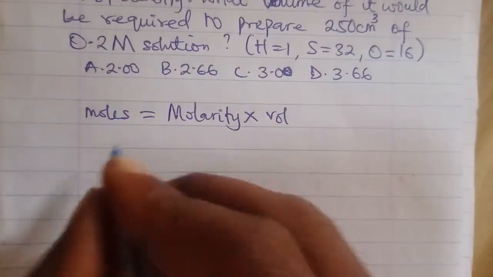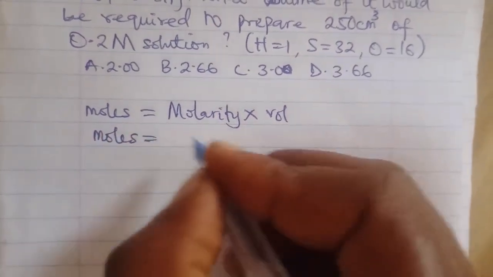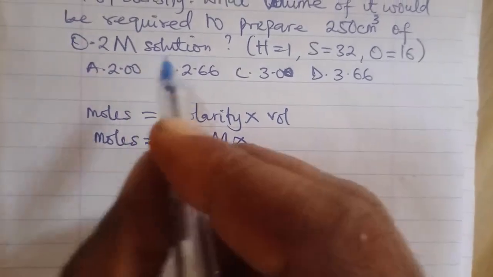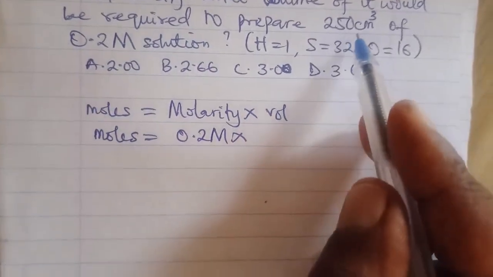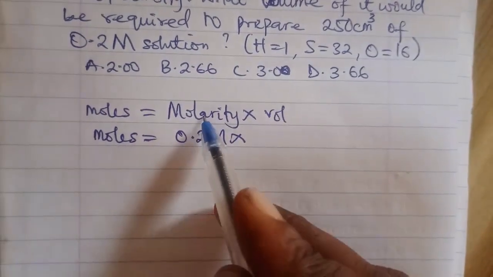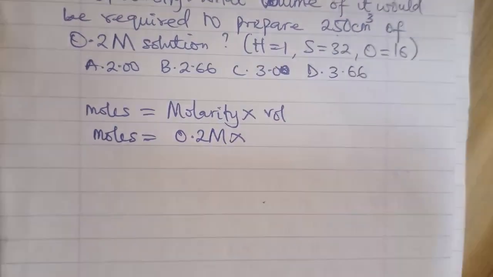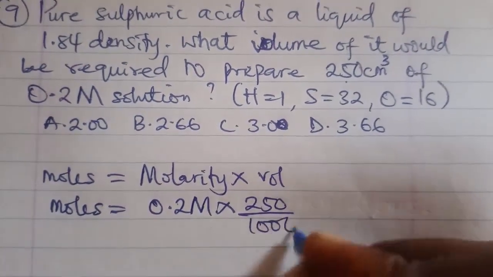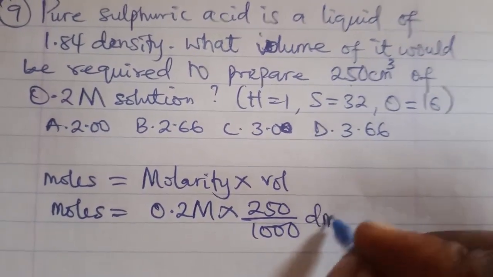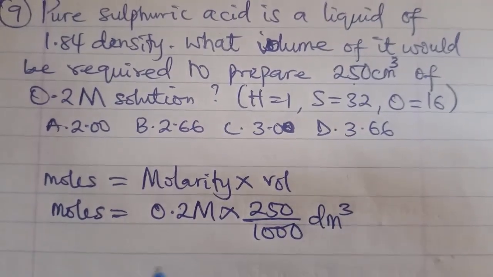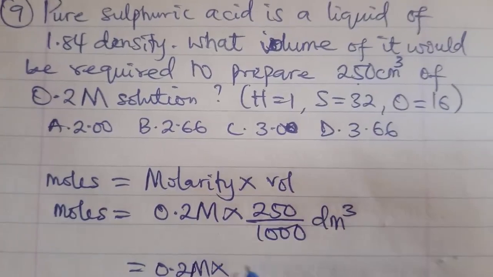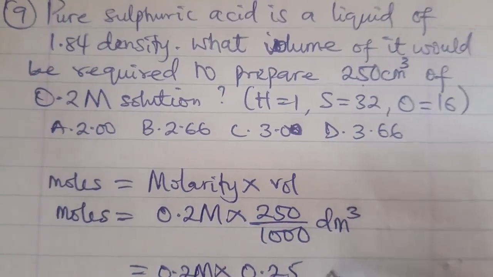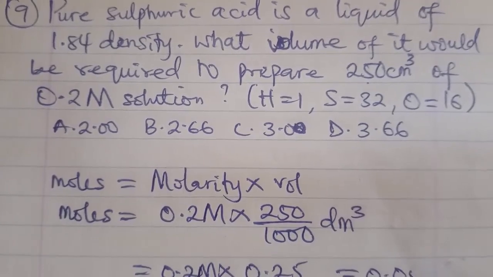The molarity given to us is 0.2 molar multiplied by the volume given to us, 250 cm cube. But because it is in molarity, it must be in dm cube. So we divide by 1000. Therefore, what we have here is 250 divided by 1000. It will now be in dm cube. So if we do that, we'll have 0.2 molar times 0.25 dm cube, and when we multiply that, we'll have 0.05 moles.